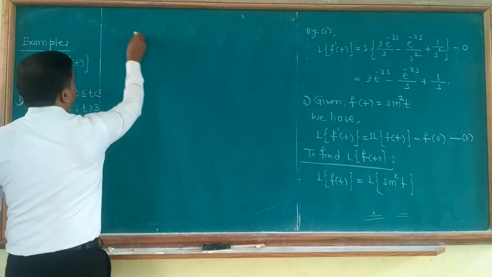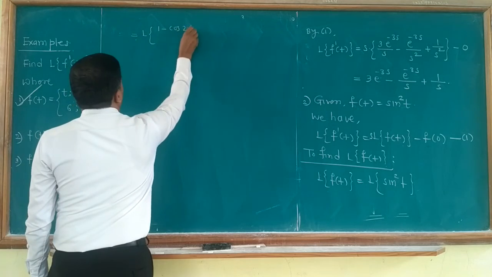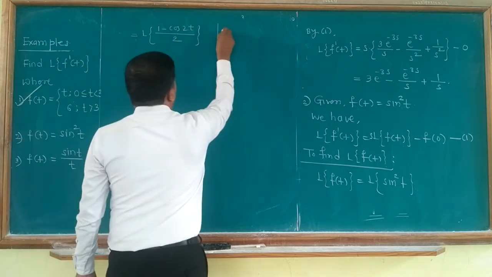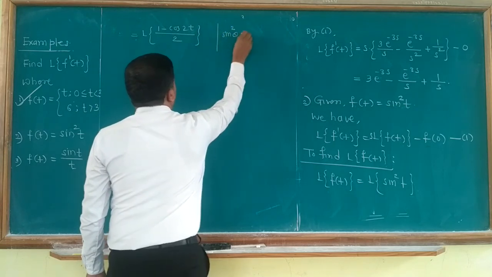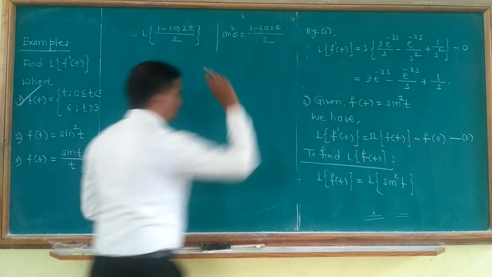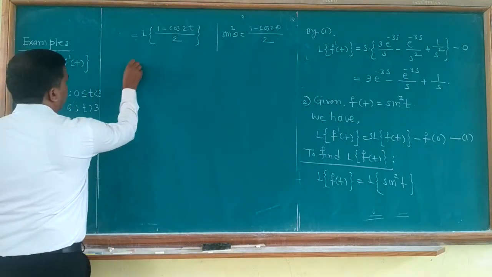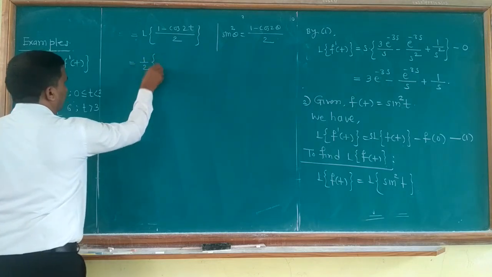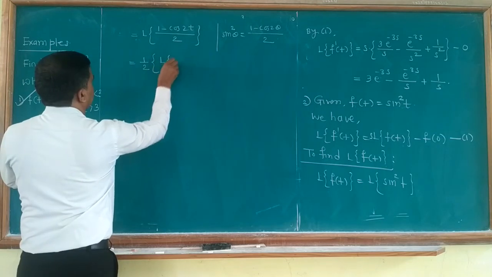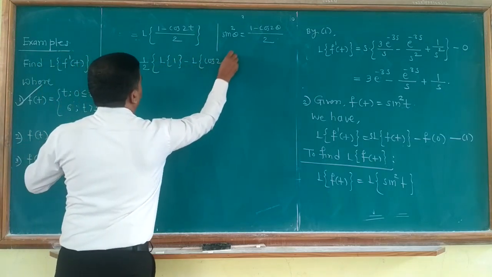So this is equal to Laplace transformation of 1 minus cos 2t divided by 2, since sine square theta is equal to 1 minus cos 2 theta divided by 2. This is one of the standard formulas. Now use the linearity property. So we get 1 by 2, let us take it outside, and by using linearity property we get Laplace of 1 minus Laplace of cos 2t.